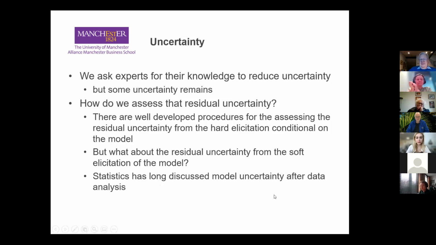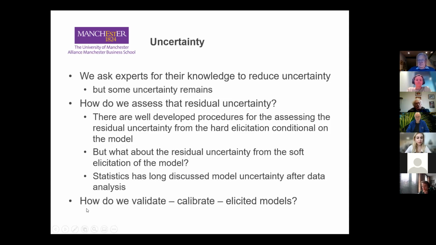And if you look in the stats literature, there's been a long discussion about model uncertainty. Reification is a term that Mike Goldstein's brought in, and lots of other things, but it's come to no hard conclusions. And there's still the question out: how do we validate, calibrate, and deal with this soft uncertainty from elicited models?